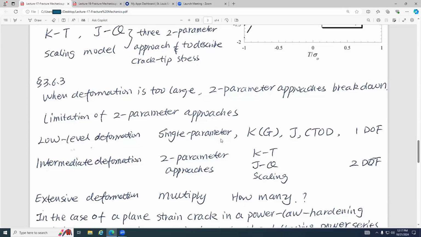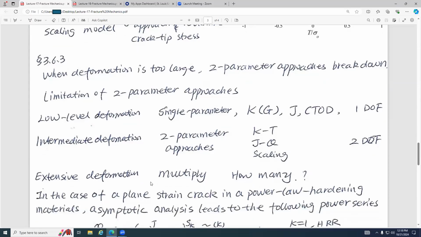With a single parameter, we call this a single degree of freedom. However, if the deformation is intermediate, then we use two-parameter approaches or two-parameter models. As I said, we have KT, JQ and scaling. Even though I did not talk about the scaling, you should know there are three.